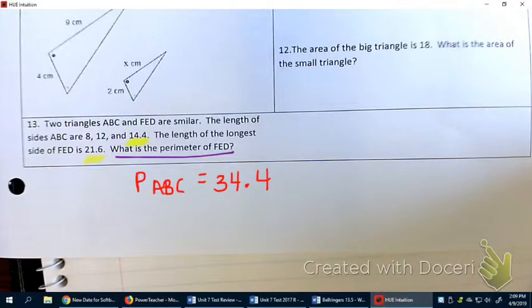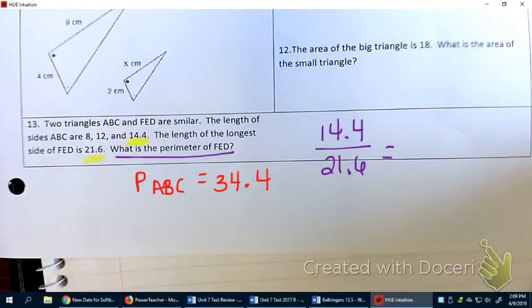Okay, so let's set up the relationship. We would have 14.4 over 21.6. The 14.4 is from ABC, so what do I put on top? Okay, 14.4 and 21.6, these are the sides, right? 34.4. This is ABC and this is FED.